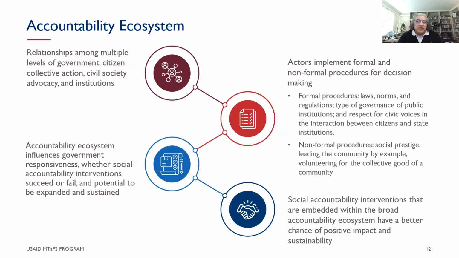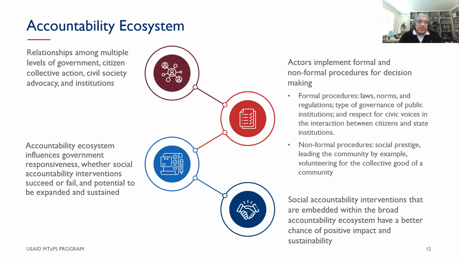There is an accountability ecosystem. The difference mainly is going to be the level of formal procedures in those countries, as opposed to more non-formal procedures to organize decision-making, to implement governance arrangements, and to decide about key decisions in the country, which include the allocation of public funding.